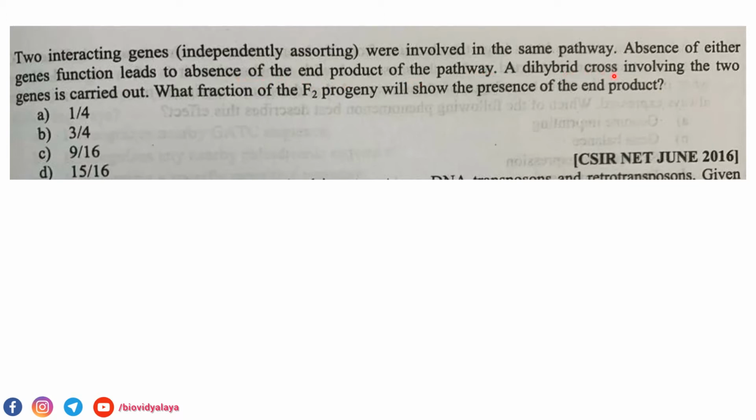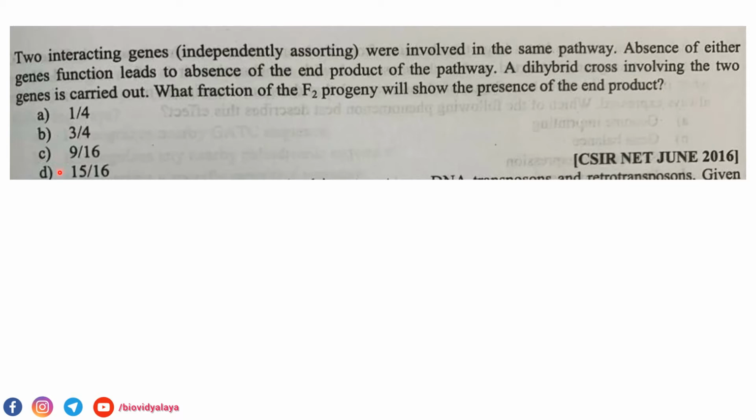A dihybrid cross involving the two genes is carried out. What fraction of the F2 progeny will show the presence of the end product? Options are: option A 1 by 4, option B 3 by 4, option C 9 by 16, option D 15 by 16.